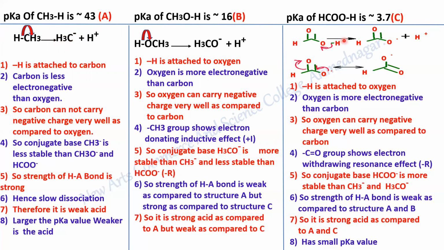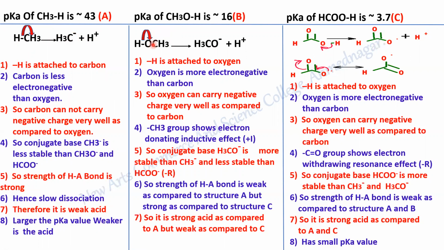If this conjugate base is less stable, what do we conclude? This dissociation is difficult. If this dissociation is difficult, it indicates the hydrogen-carbon bond is strong, right? If this bond is strong, then it shows very, very slow dissociation. Therefore, it is a weak acid. Hence, the larger the pKa value, the weaker is the acid.